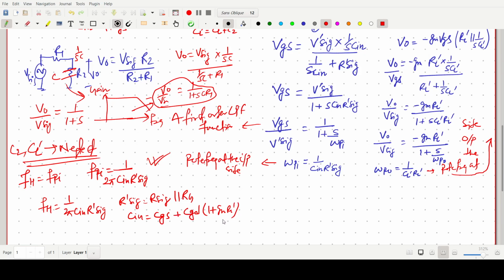So C1 is 1 plus GM RL dash. This one is one approximation when we are neglecting the C2 and CL dash. Okay. Now one more concept is there. I am taking all these things from the microelectronics book, so if you want to know more, you can also go for the microelectronics book.